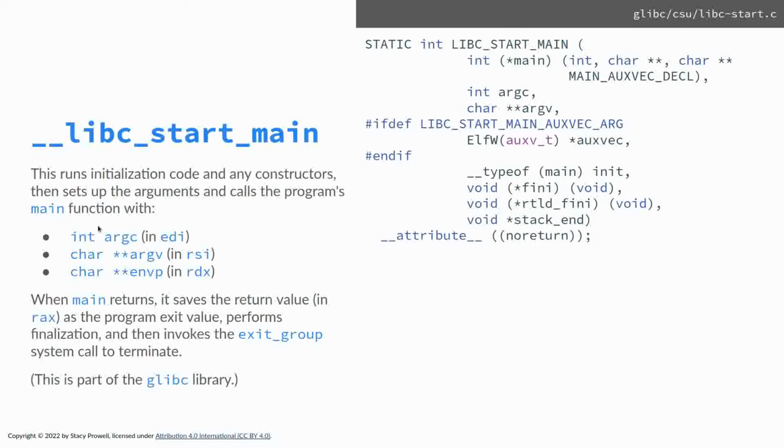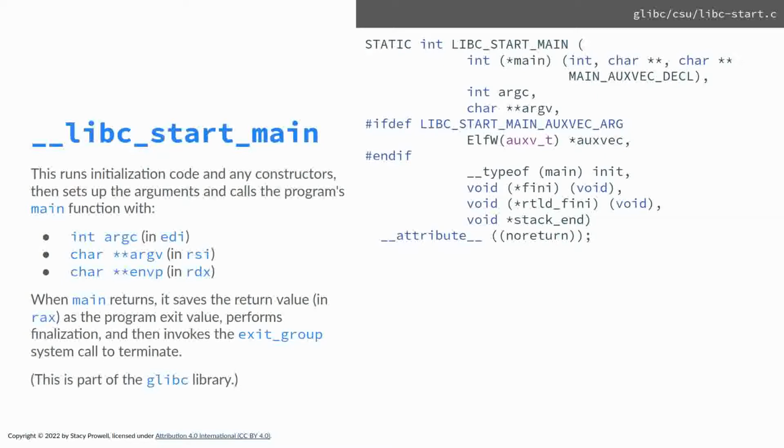It takes a couple. Its job is to set things up for your main function, and it sets things up in accordance with the calling convention on the particular platform. So if you're in a 32-bit world, it's going to do things differently than if you're in a 64-bit world. And if you're on the ARM processor, it's going to do things differently than if you're on the x86, right?